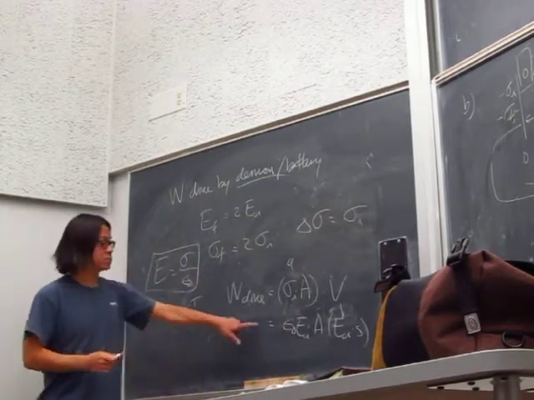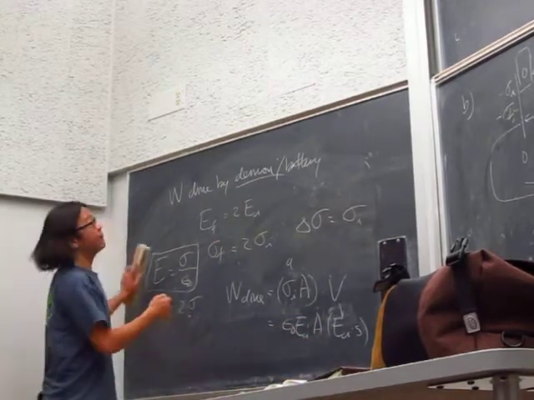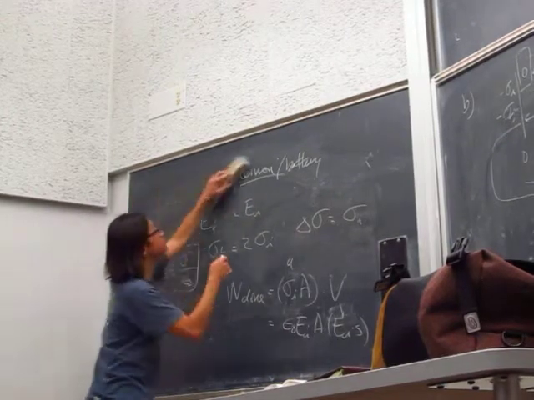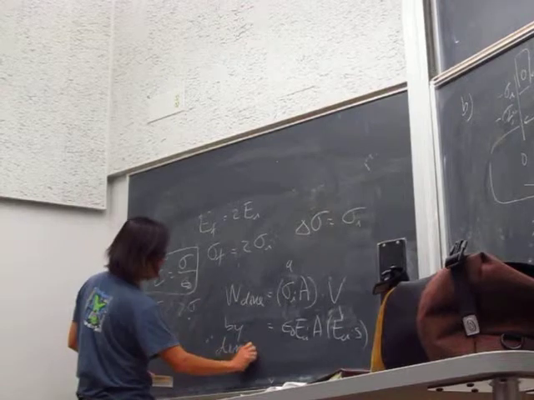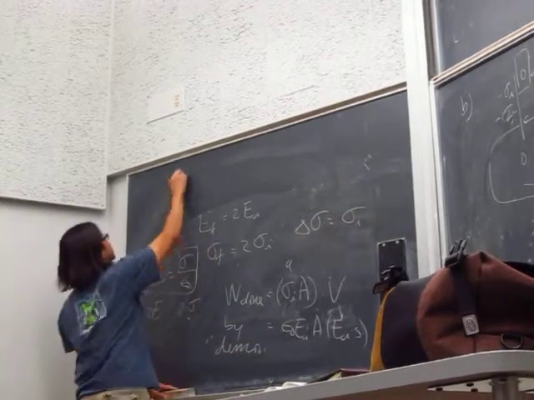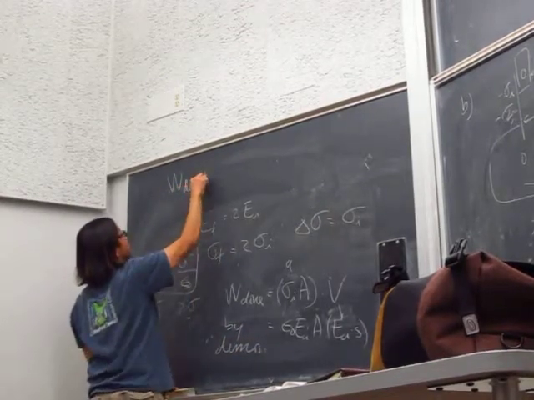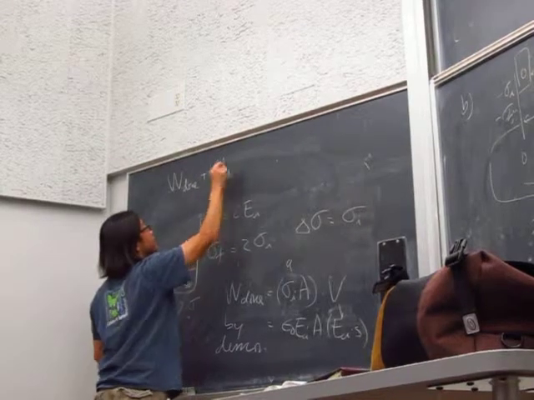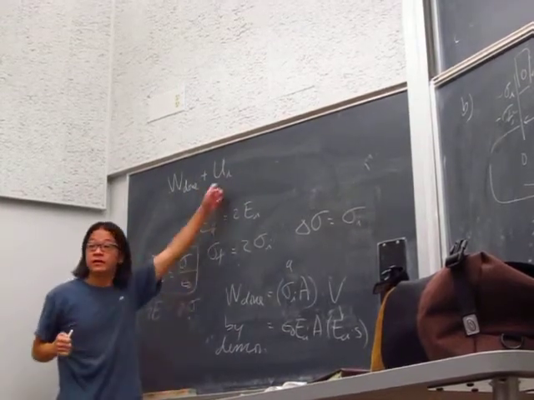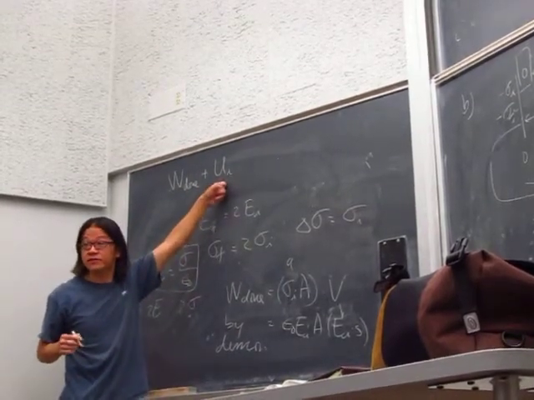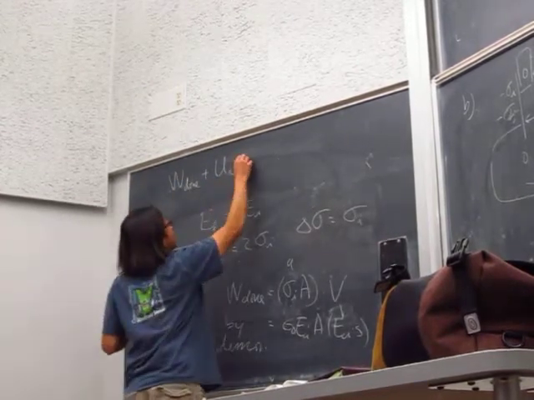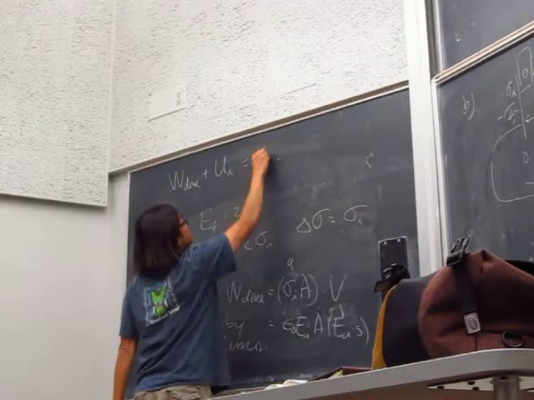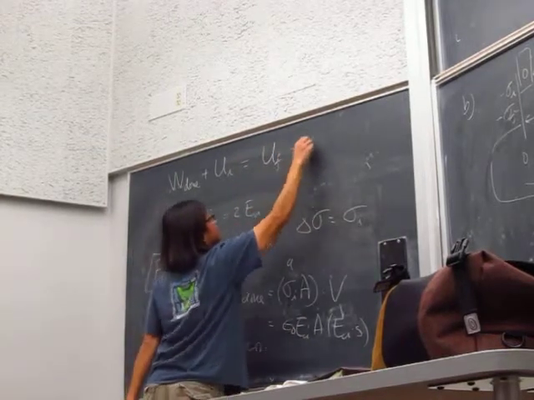So you'll see there is a work done here, and what happened is the work done by the demon plus the original electrical potential energy before the slab goes in has to be equal to the final plus kinetic.